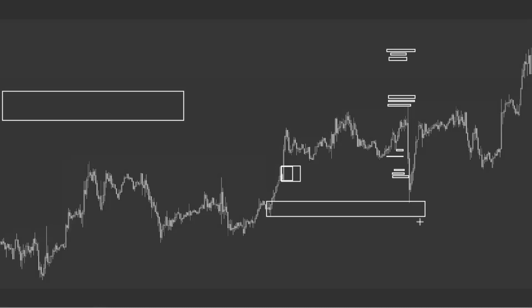Alex is asking, in this example, couldn't you just say that it was a valid reaction to the lower level? Why wouldn't you buy that level and only the top one? Yeah, you could buy that level, yeah, but the idea is, you don't really know how large this move is going to be.